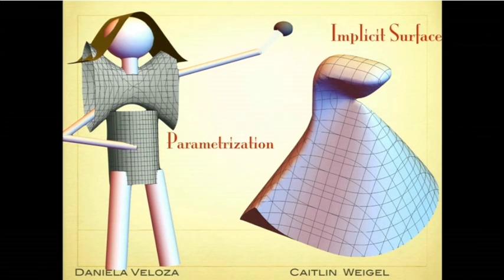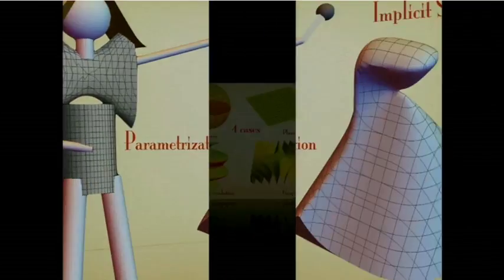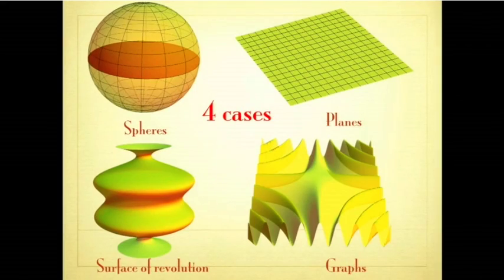Implicit is kind of harder for a computer because it has to figure out where the surface is. And we have already seen that in the case of the plane. But there are four types of surfaces which you should know. The first one are spheres. The second one are planes. The third one, surfaces of revolution. And the fourth ones are graphs.